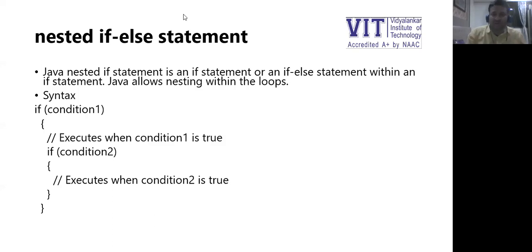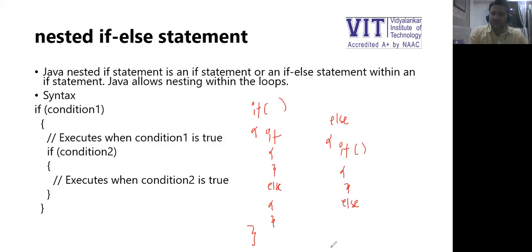Within an if we can have an if or an else, and for that we can again have an if or an else. So we can have a complete if-else nested within another if-else. This is about nesting of if-else blocks.